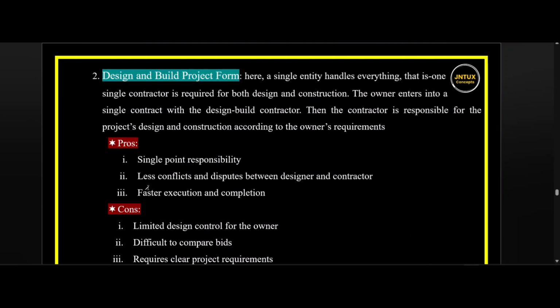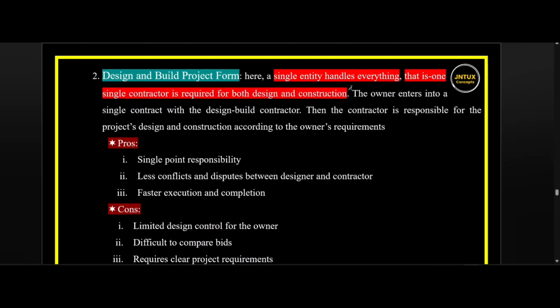Here a single entity handles everything. That is one contractor required for both design and construction. The owner enters into a single contract with the design build contractor, then the contractor is responsible for the project's design and construction according to the owner's requirement.